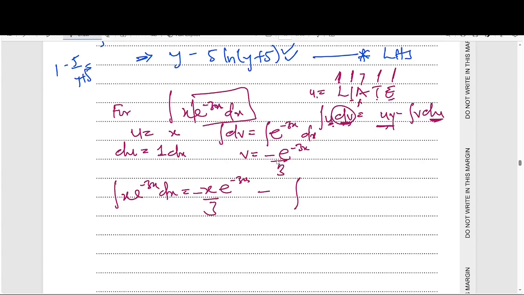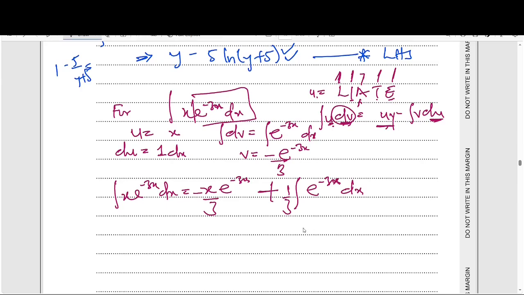Our v still remains e to the negative 3x over 3. That's negative, so the negative affects this part, making it positive, and the over 3 can be written outside, so it becomes 1 over 3, since it's a constant. Now we move on. Then the next is du. du has been found to be 1 dx or dx, so it comes over here.